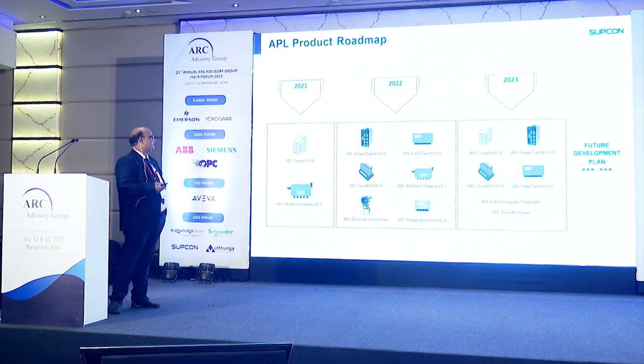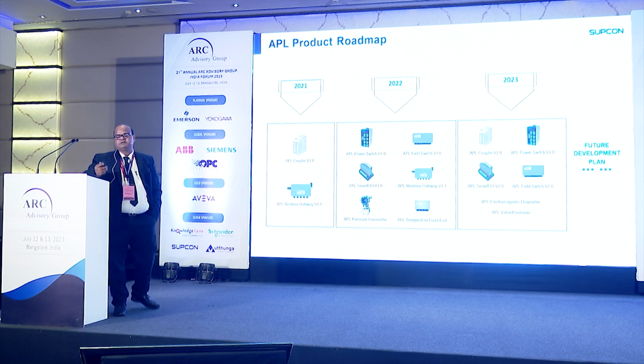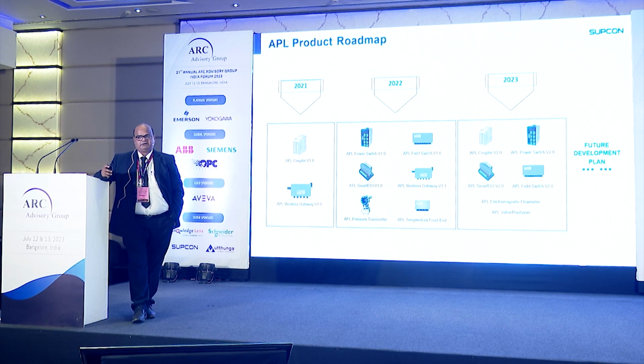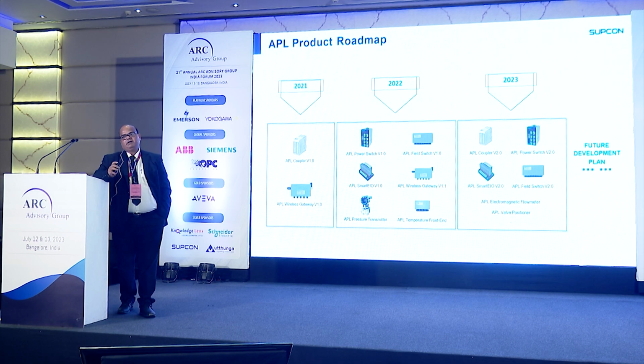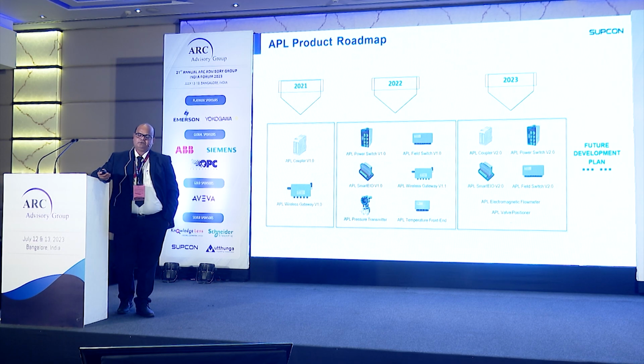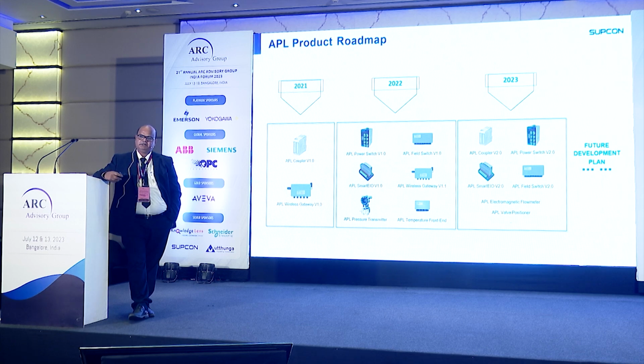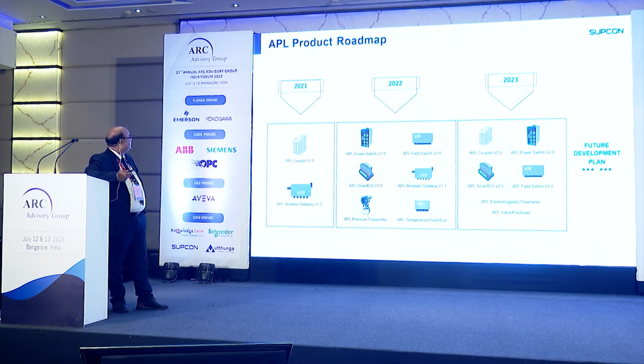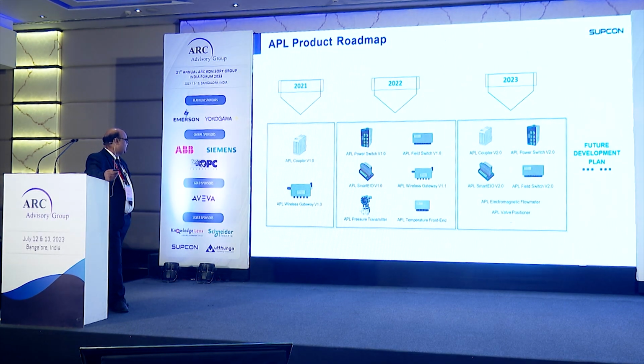So this is the roadmap when they have introduced us, because from our first plant, the waste to energy plant at Delhi, Subcon is associated with us. From the first plant until now we are commissioning the 5th plant. So Subcon is associated with us, and this is their product roadmap. In 2021, they came with the APL coupler and the APL wireless gateway.